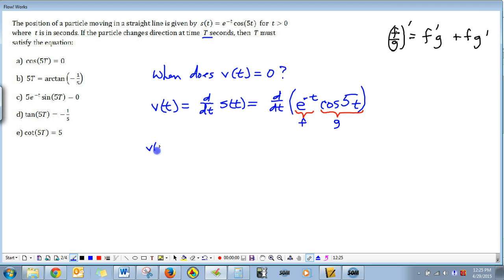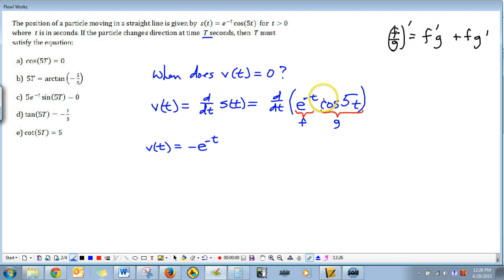So we get the velocity with respect to time is the derivative of f. The derivative of e to the negative t is e to the negative t. Chain rule says we have to take the derivative of negative t, which is just negative 1. So it's negative e to the negative t. That was our f prime.